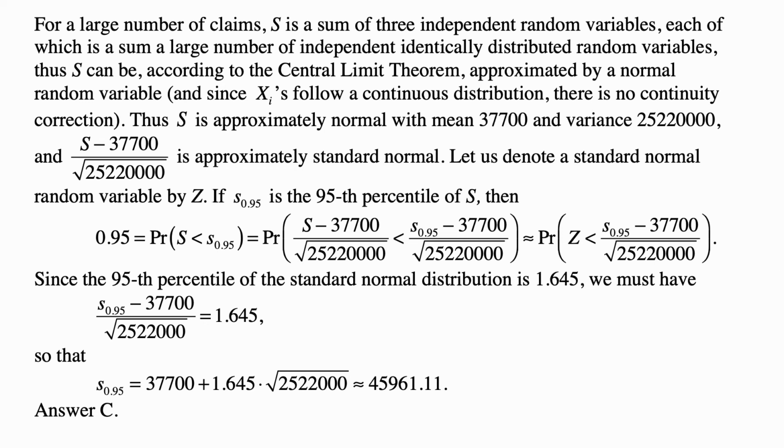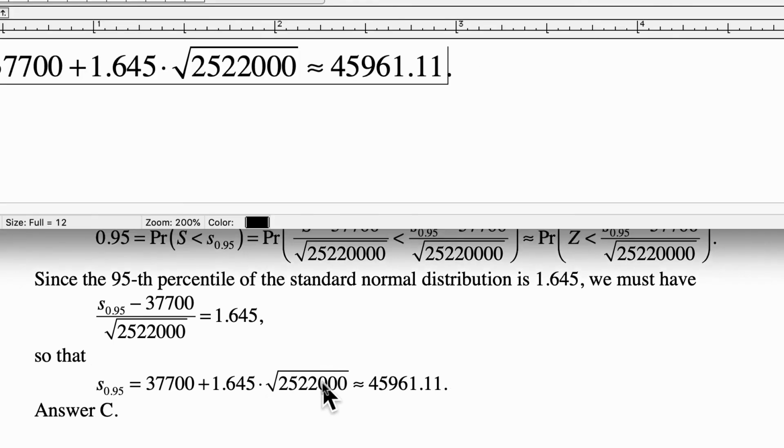Since the 95th percentile of the standard normal distribution is 1.645, we must have that this number here, that Z is less than, must be equal to that 95th percentile of a standard normal distribution, which is 1.645. So that S.95 is equal to 37,700 plus 1.645 times the, and again, there are not enough zeros there.